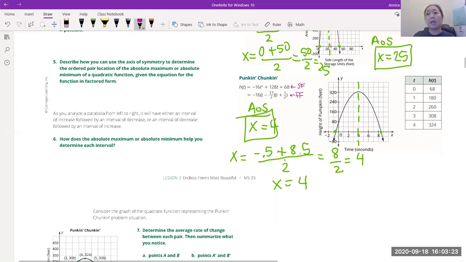No. Even if it's negative, you take that negative value and add it with the other value. So -0.5 plus 8.5, that's going to just be 8. We're still going to divide that by 2, and we get 4. And lo and behold, that's exactly what we were wanting. So that's a good way to check. Okay, so there we go. That's our answer for AOS.